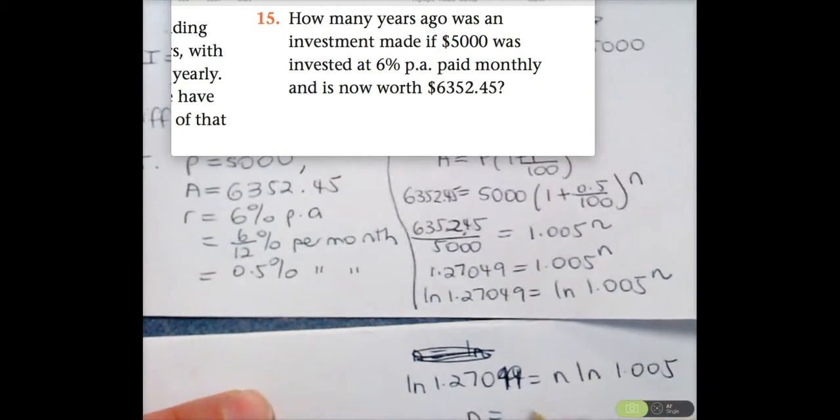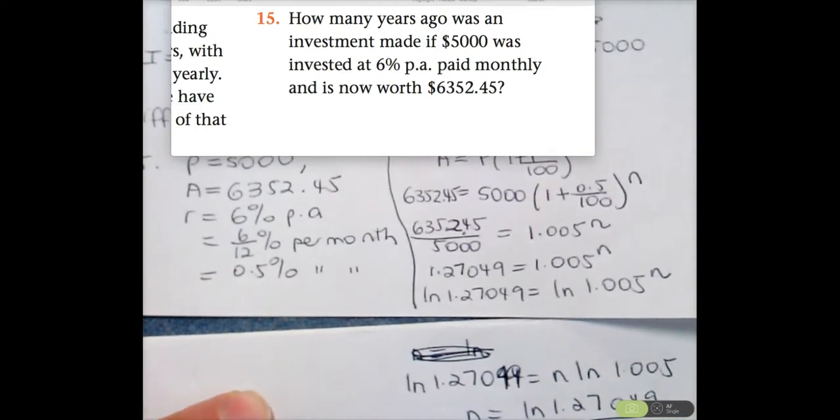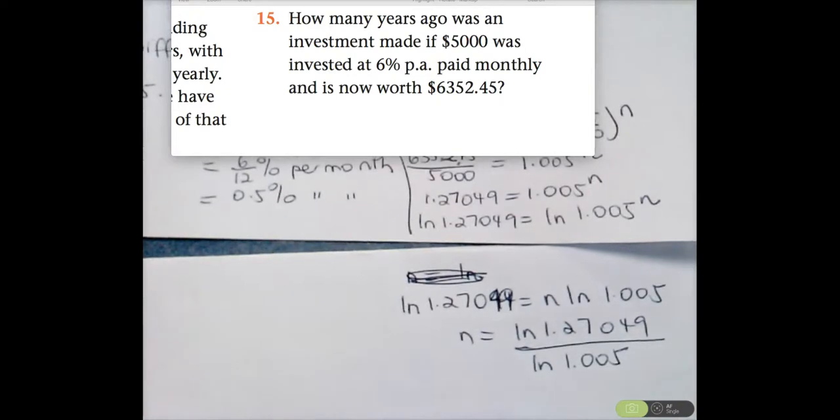So therefore, n is ln 1.27049 divided by ln 1.005, which is 48.000. So it's 48 months.